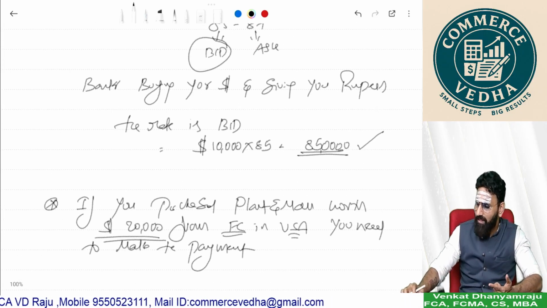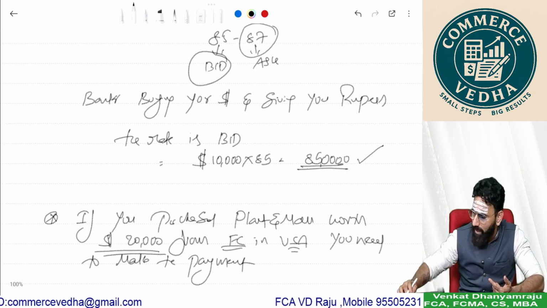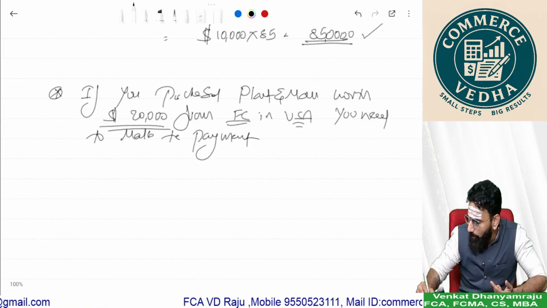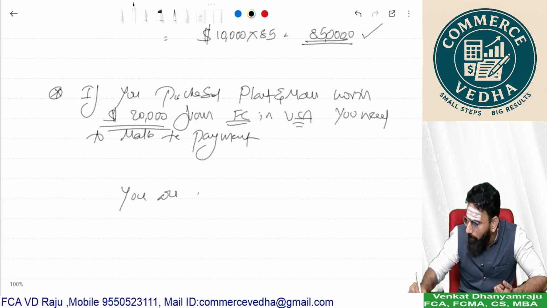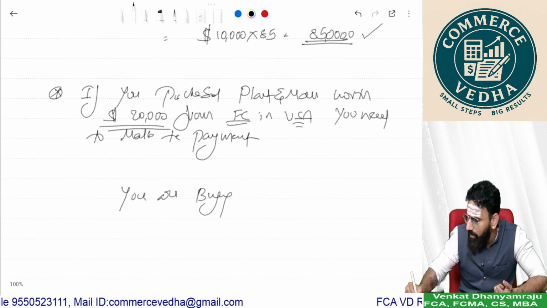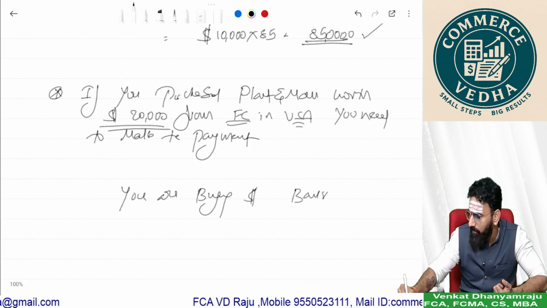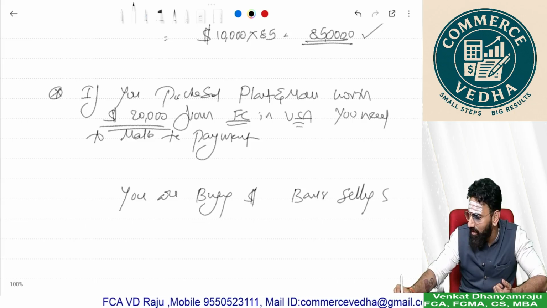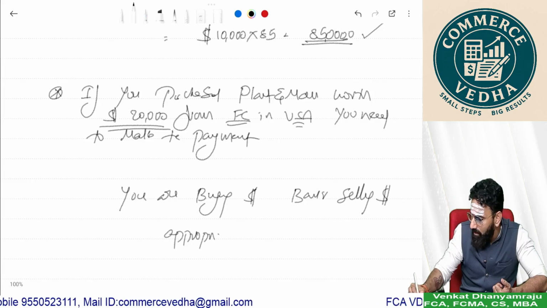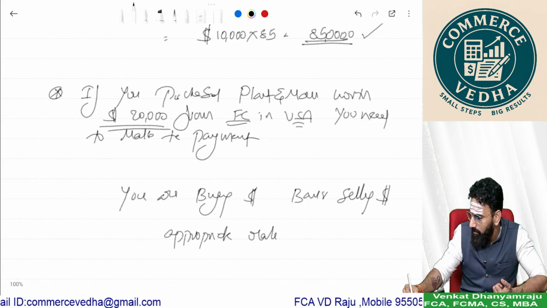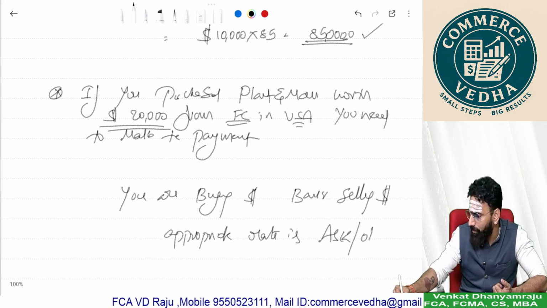So, if I take the previous rates here, the appropriate rate means you are buying dollars, means the banker is selling dollars. So the appropriate rate is the ask or offer rate.